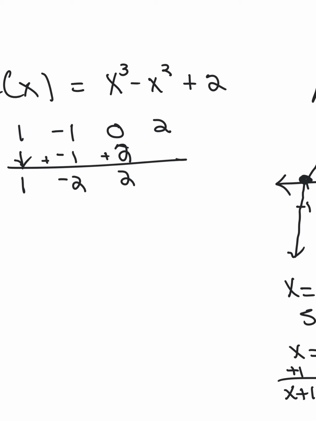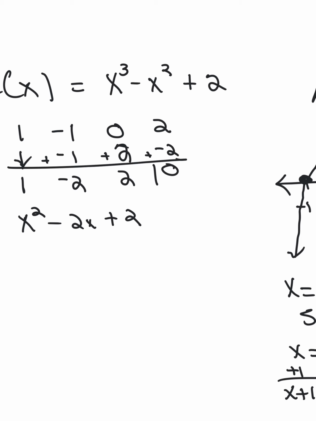I multiply 2 times negative 1, and I end up with negative 2. When I add that, I get a remainder of 0. Therefore, my remaining trinomial is x squared minus 2x plus 2.